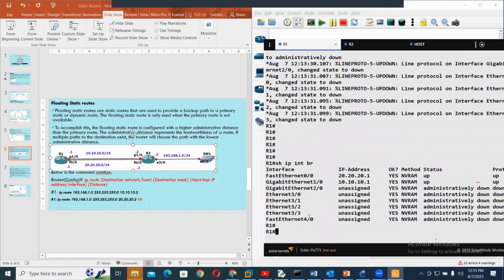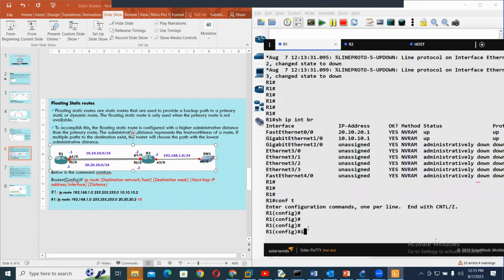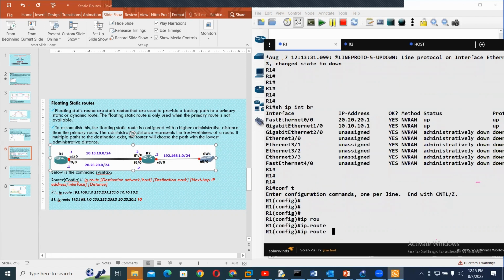So let us configure the static floating route. On global configuration mode, IP route. Our destination network is 192.168.2.0 255.255.255.0.